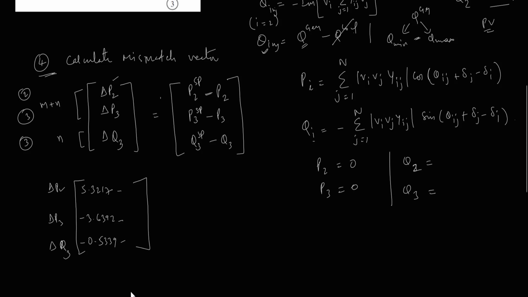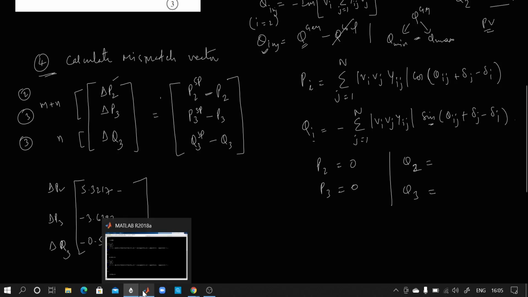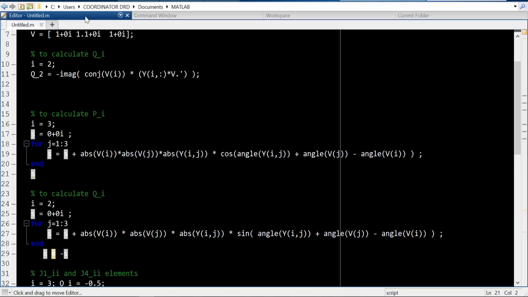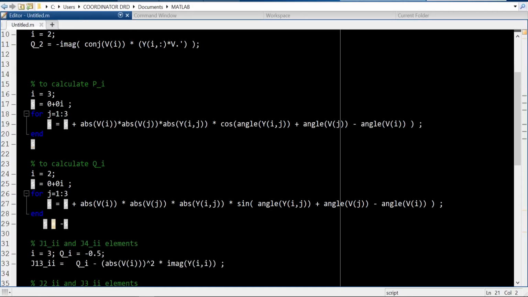Now what is Q2? Minus summation, in this equation, this is sine. Q2 and Q3. I have written one more equation, summation 1 to 3, that is Vi, Vj, Yij into sine of theta ij plus delta j minus delta i.